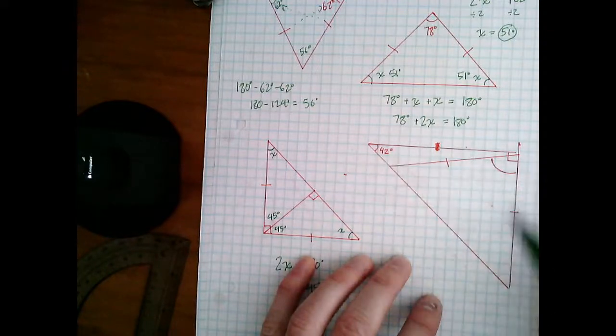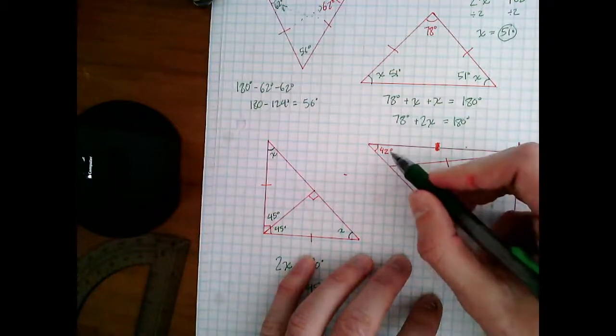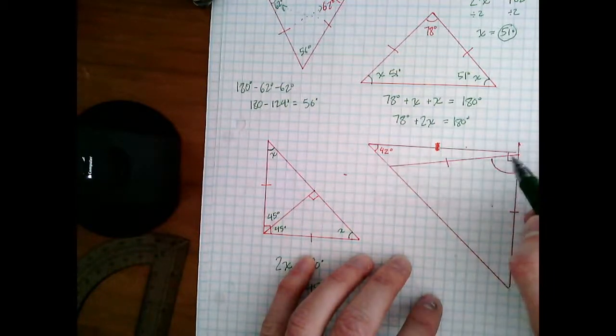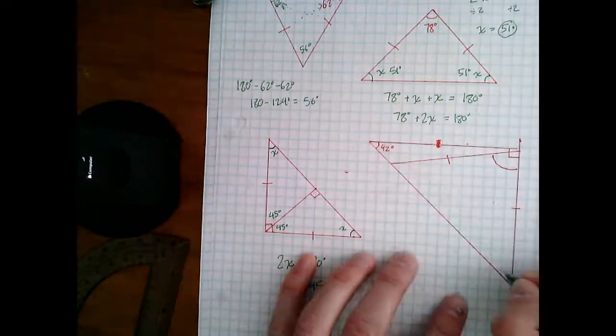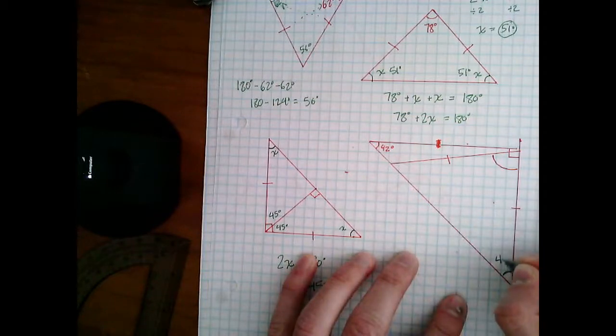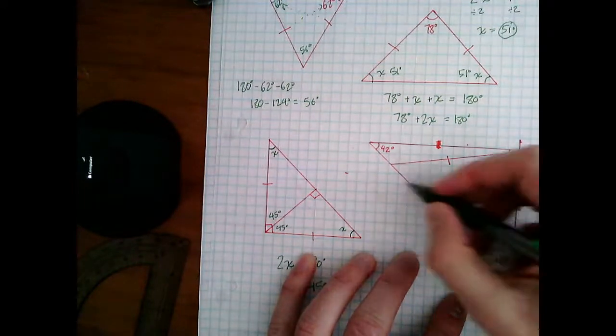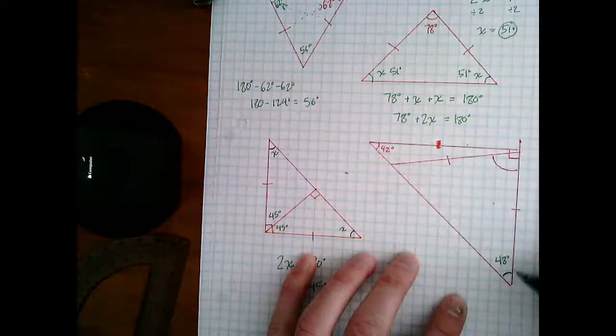The big triangle I can see is a right triangle, right? So if this is 42 degrees plus something plus 90 is 180. So whatever this angle down here is, plus 42 has to be 90. That means this one has to be 48 degrees. And if this is an isosceles triangle in here, opposite angles are equal to each other, 48 degrees.